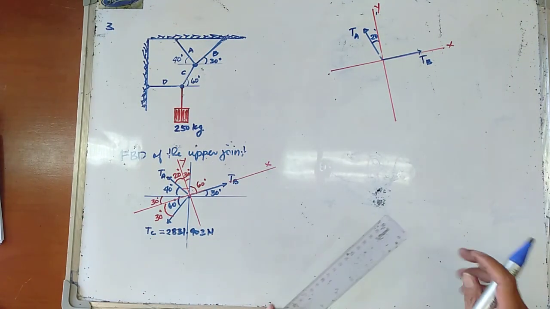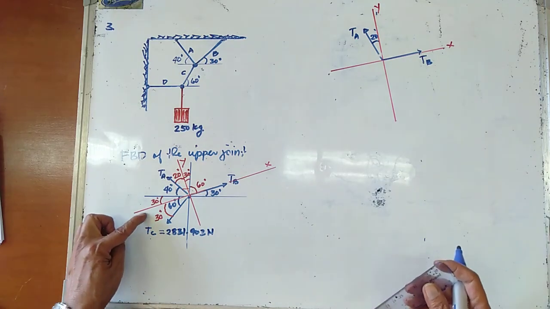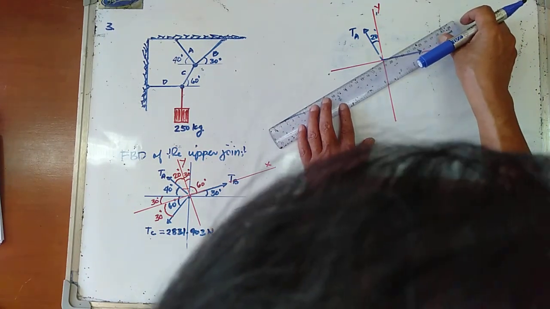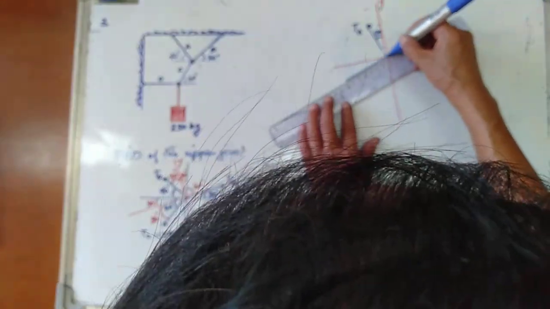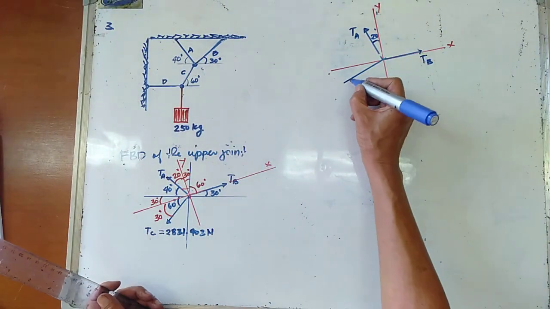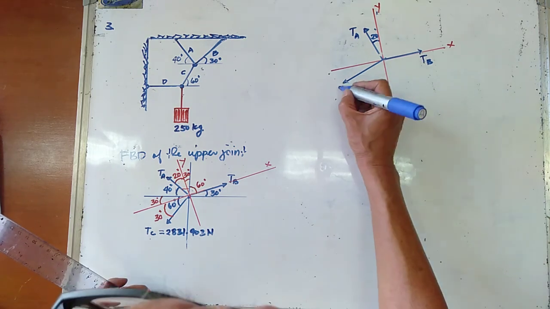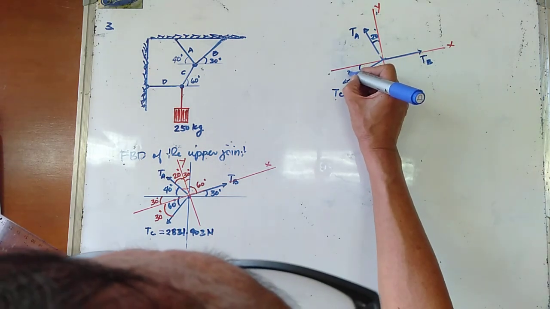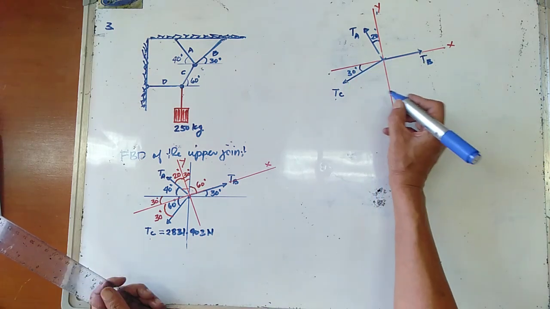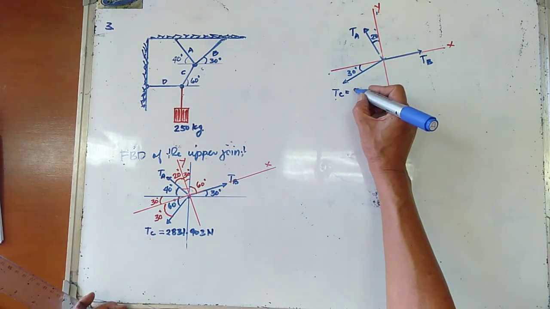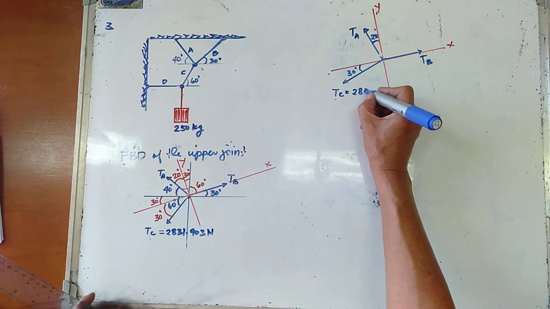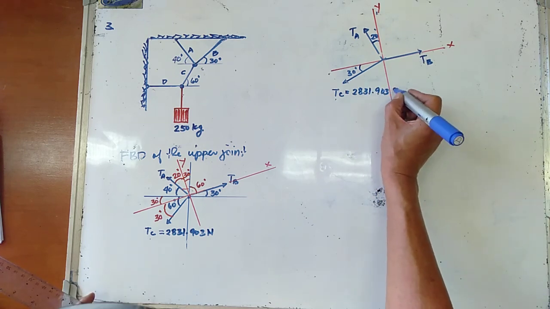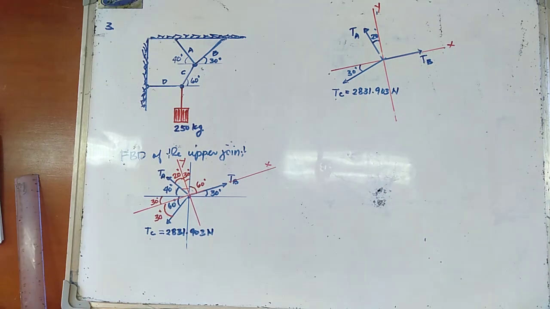And your TC is 30 degrees with the x-axis, so this is your TC, which is 30 degrees. And TC is equal to 2831.903 newtons.